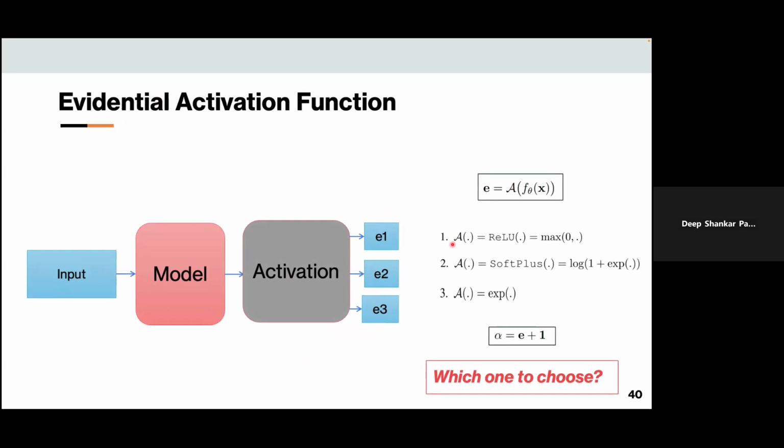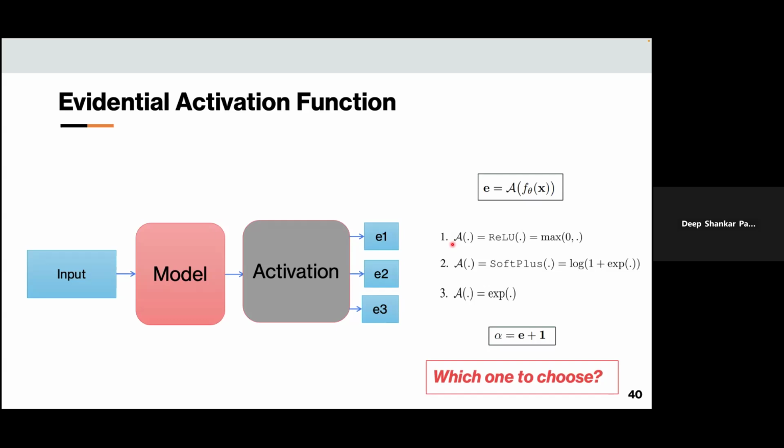That is the ReLU function, the softplus function, and the exponential function. What these functions do is transform the output of the model into the evidences based on which the model has uncertainty behavior and the learning occurs. So we tried to see which one we should choose so that the model can learn better.